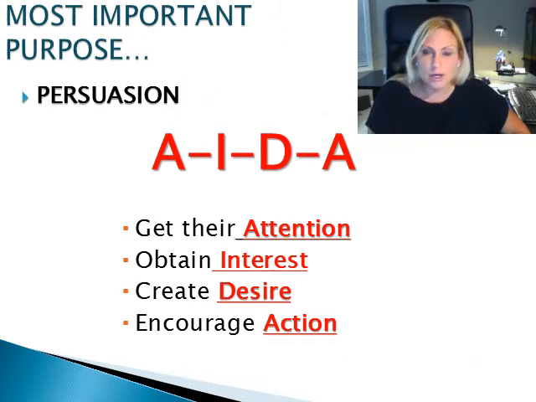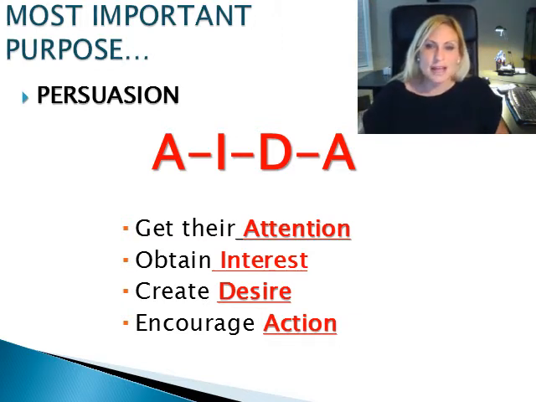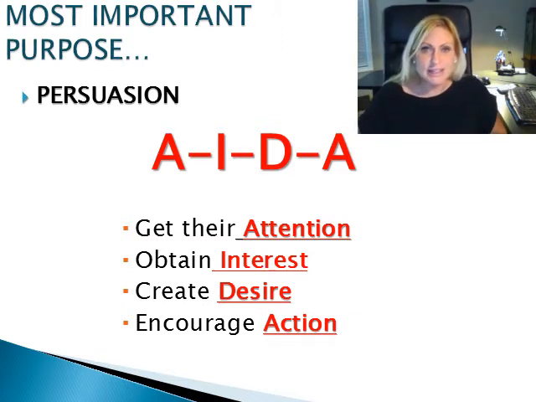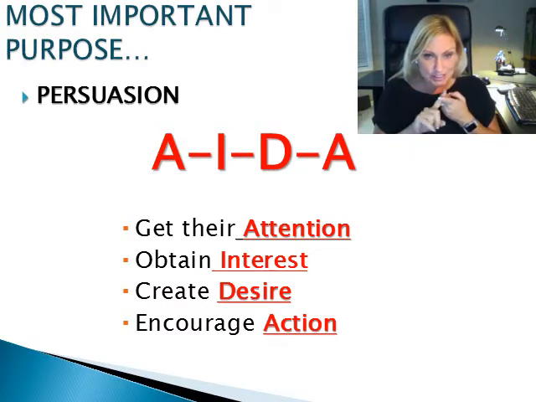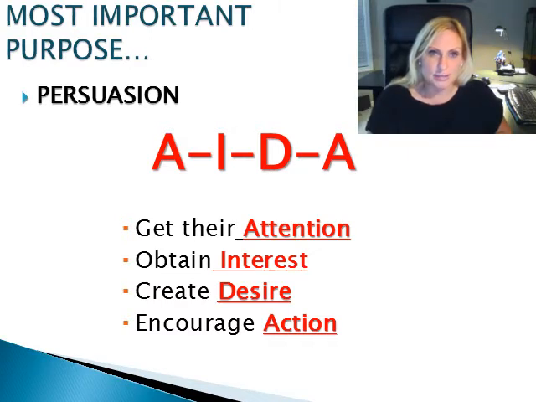But the most important of those 4 is the idea of being persuasive. And in order to be persuasive, you have to have AIDA. That is, you need to get your audience's attention, you need to obtain their interest, you need to create or instill a desire, and then you need to encourage action. And in this way, you're trying to be as persuasive as possible in your strategic communication plan.